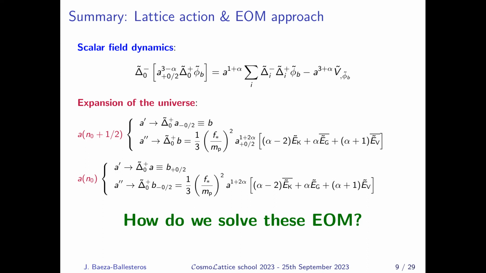Let me just add that the whole point of doing these lattice simulations is based on the idea that certain physical scenarios always develop the semi-classical limit, meaning the large occupation number. One way to see this is that you can think of the quantum nature of a field as encoded in the commutator, for instance, between pi and phi, which in quantum mechanics and quantum field theory is 1 in natural units.